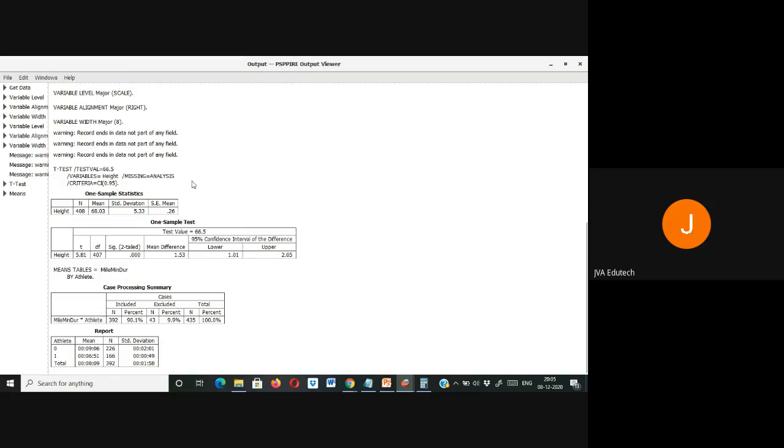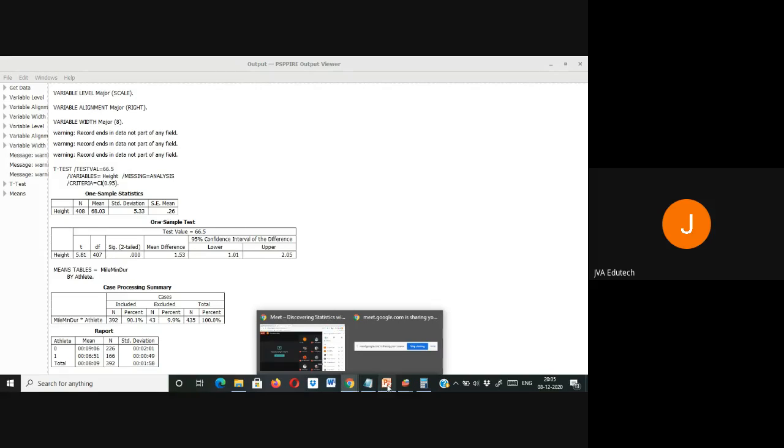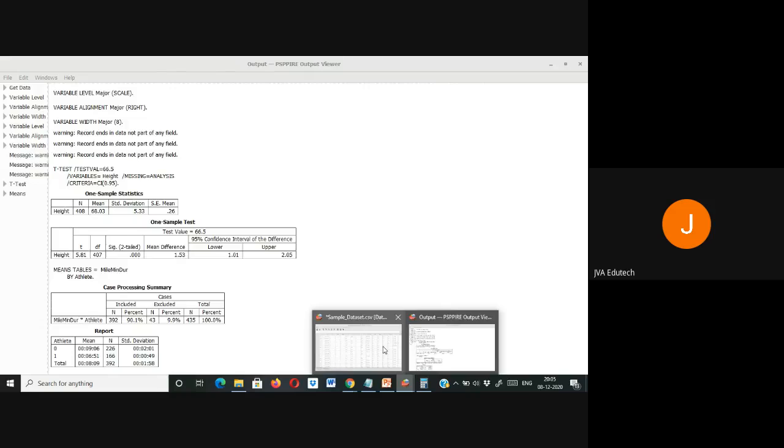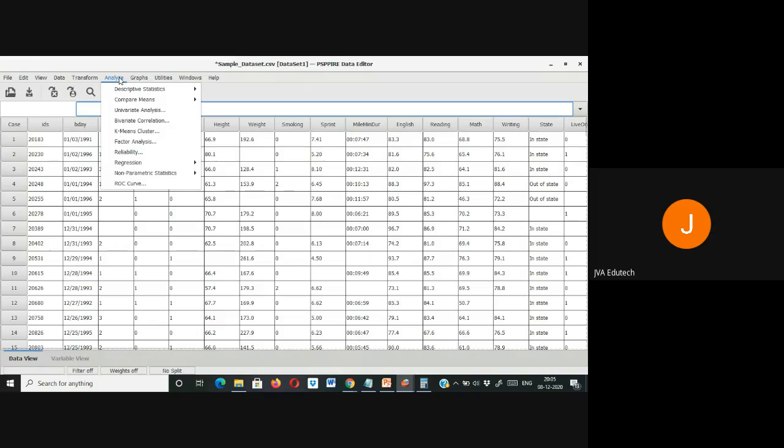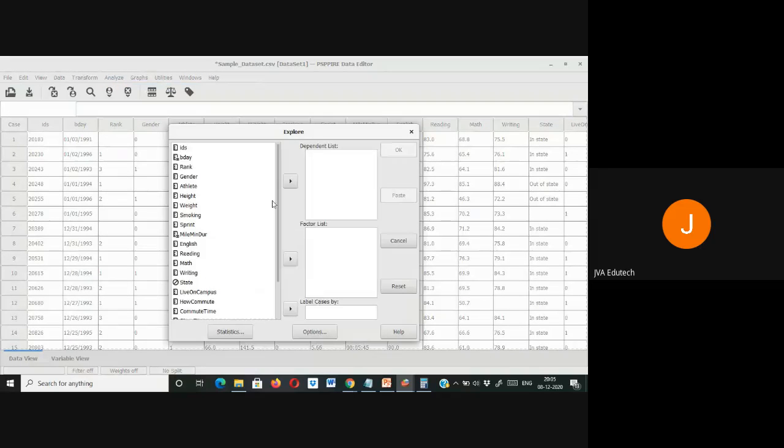And here this option is not there to make the box plot, but yes, you can see Descriptive Statistics, Explore. Here we don't have the box plot, so simply you just take the table.